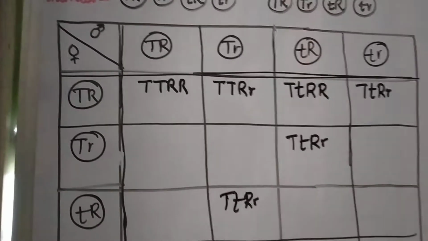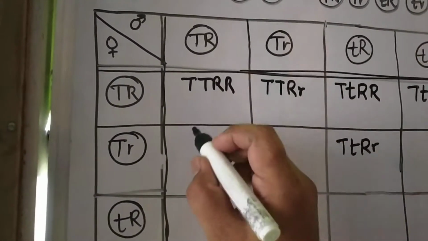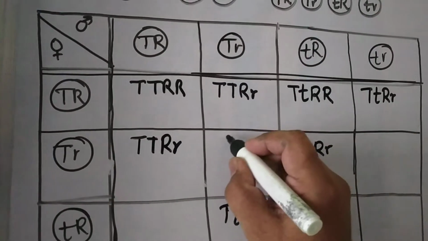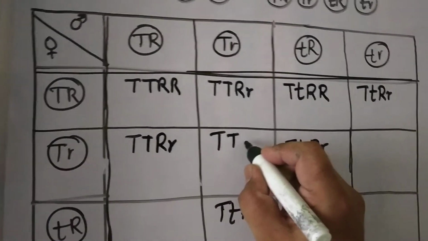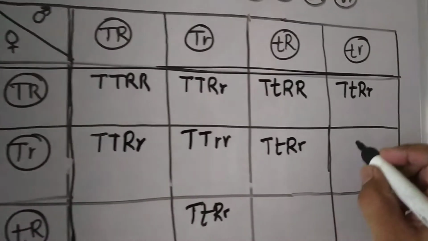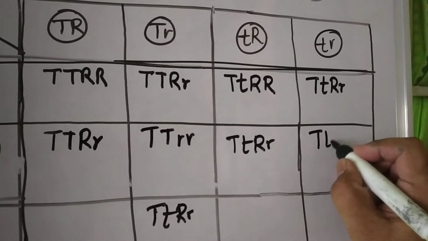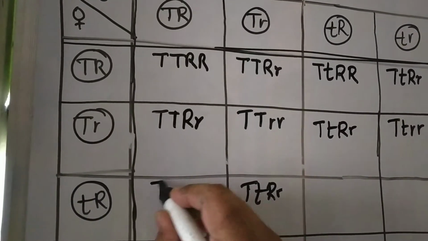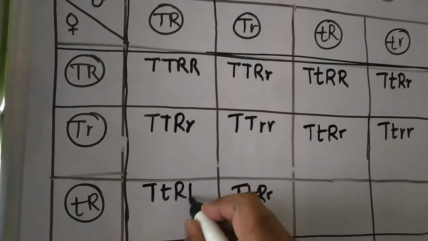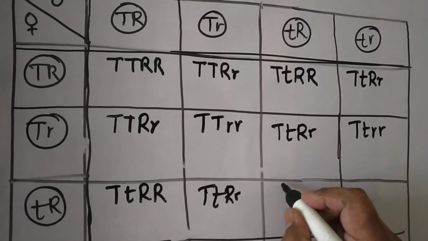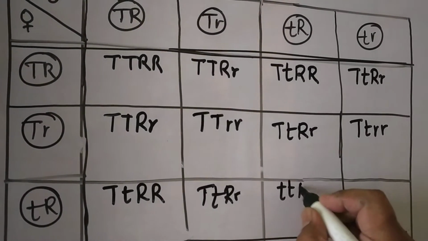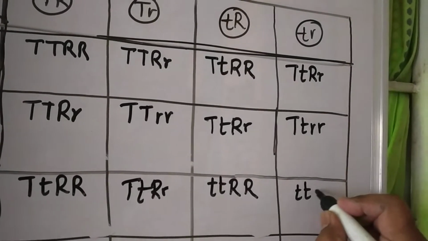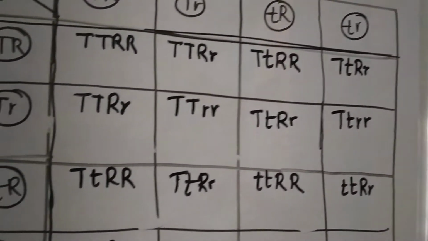Okay. Next. Here capital T, capital T, capital R, small r. Capital T, capital T, small r, small r. Capital T, small t, small r, small r. Capital T, small t, capital R, capital R. Here small t, small t, capital R, capital R. Small t, small t, capital R, small r.